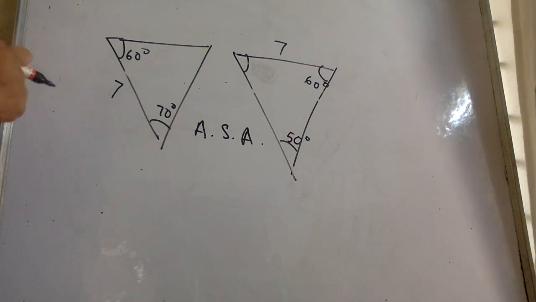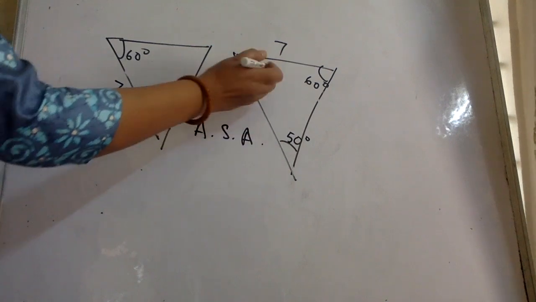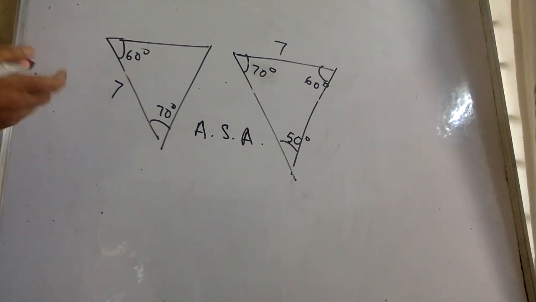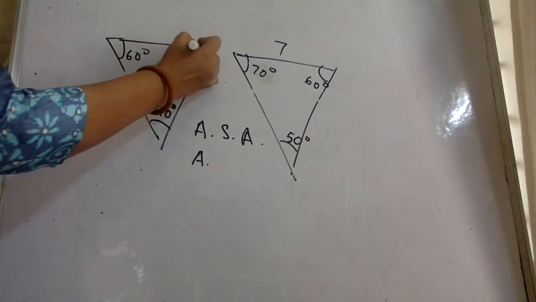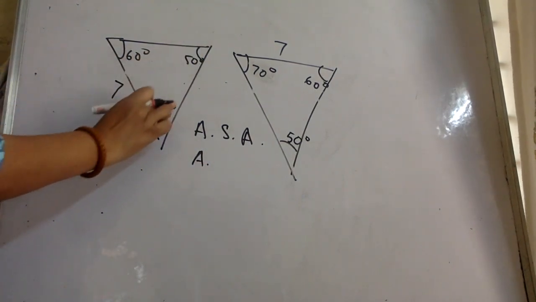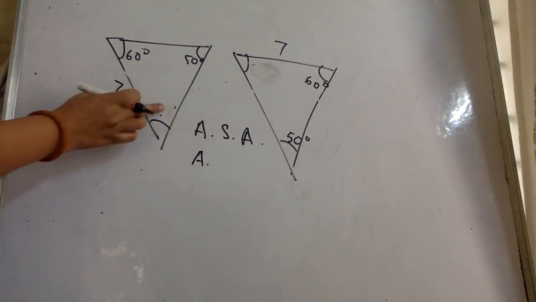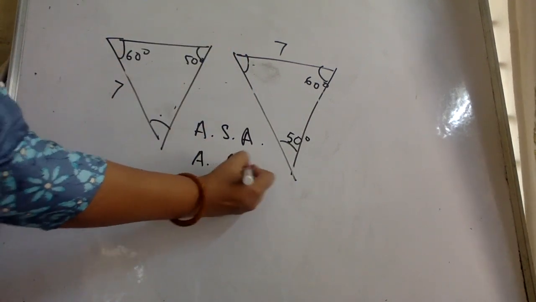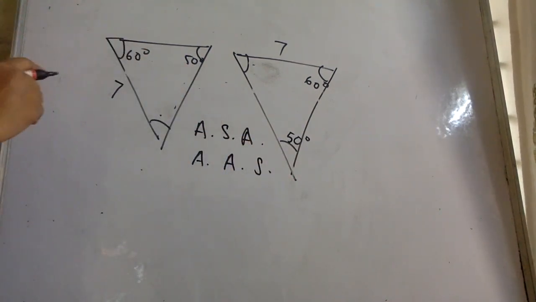But one thing, you can always calculate this, this is 110, so this is a 70, back to your test. So this test is sometimes also called AAS, because if they gave us a 50 and 60, then we can always say this angle is going to be equal to this. So even this is considered AAS, two angles and one side, or two angles and the in between side, whichever.